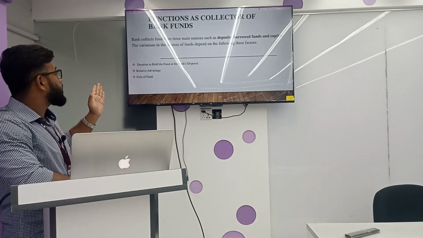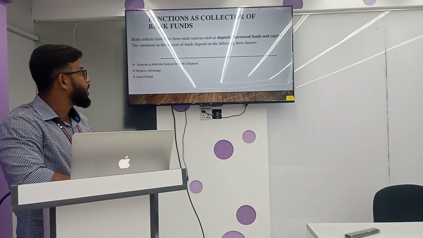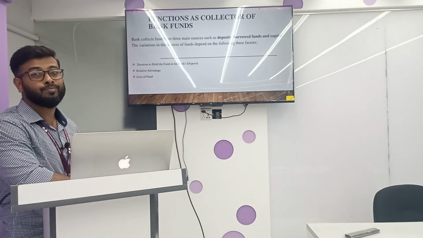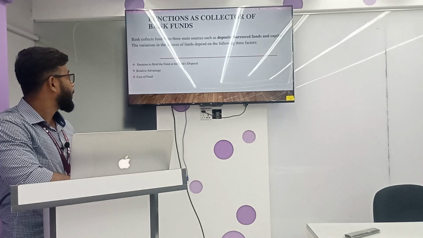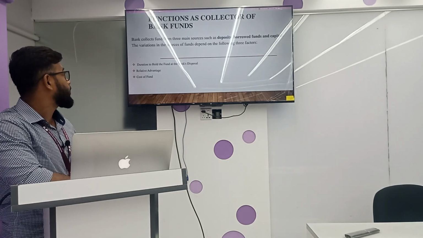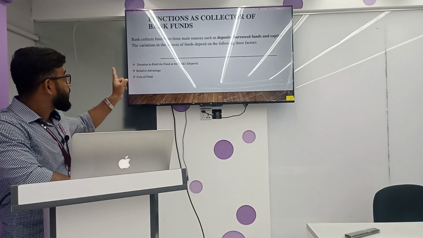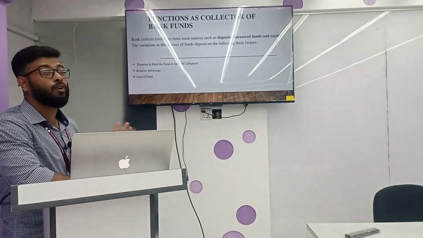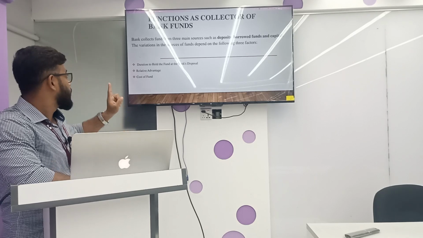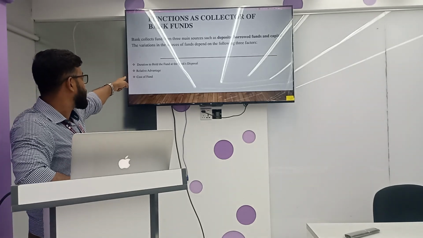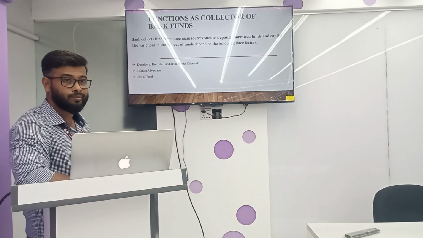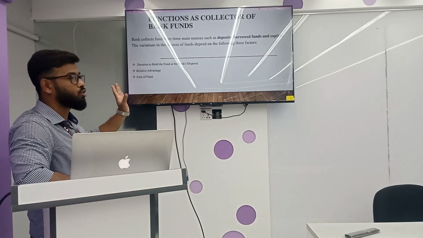The variations in these sources of funds depend on the following three factors. So what are the factors? You have to consider these three factors before collecting funds from different sources.